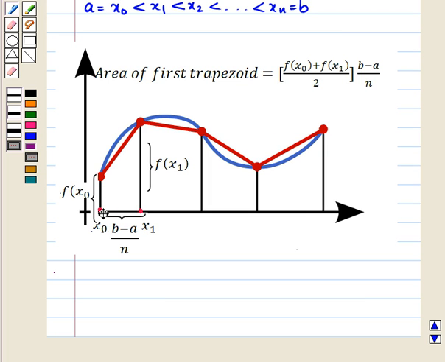Then form a trapezoid on each subinterval.